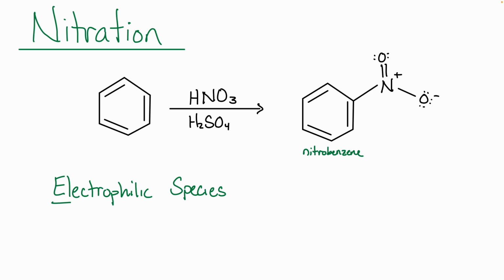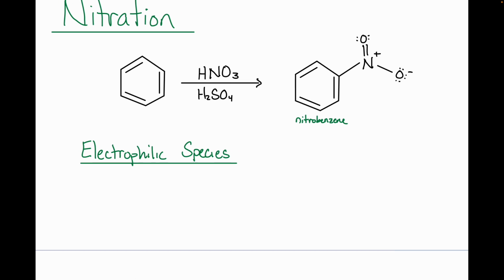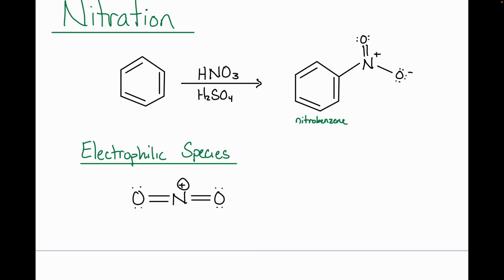That strong acid will dehydrate that nitric acid, creating this electrophile here, nitrogen dioxide, where that central nitrogen has a positive charge. So again, a very electrophilic, very electron poor species. This thing is what will actually react with our benzene ring.